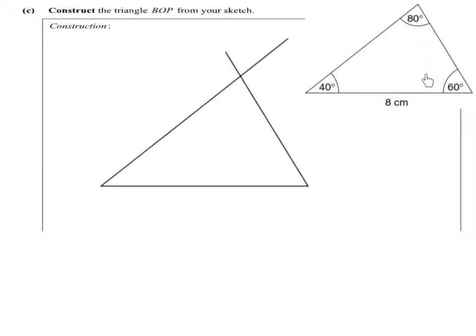Okay, so this is the sketch that we had from part B. So we see that we have a base of 8 centimeters, so that's how I would start off my actual construction. I would draw a line 8 centimeters along, and this would be my base of my triangle. So this is 8 centimeters.